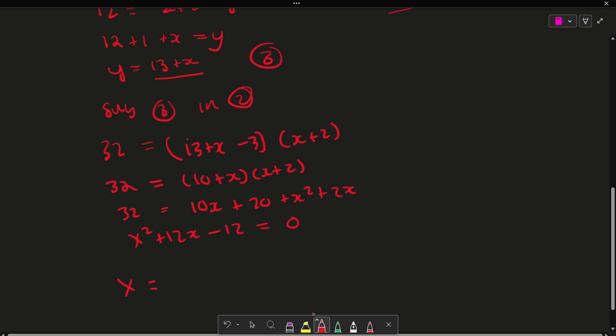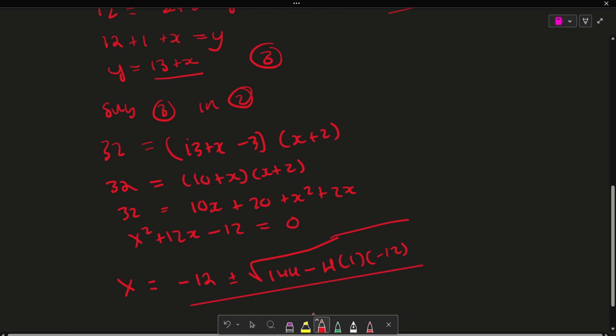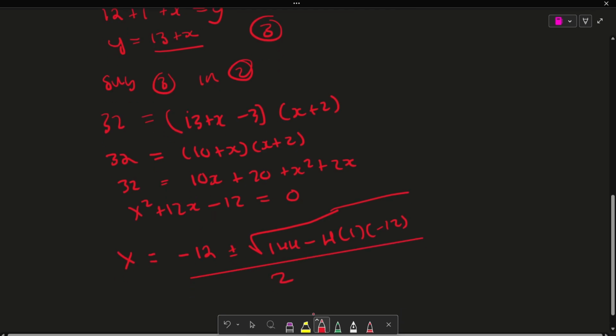Minus 12 plus or minus the root of 144 minus 4 times A, which is 1, times C, which is minus 12, all over 2 times A, which is 1. Again, you're going to refer to your calculator.